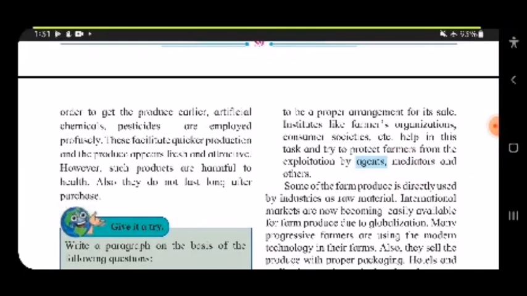This facilitates quicker production and the products appear fresh and attractive. It looks fresh, but actually it doesn't have taste. However, such products are harmful to health. Also, they do not last long after purchase. Once you buy it today at home, it will not last long. After 1-2 days, you'll see that the fruits or vegetables have become stale.